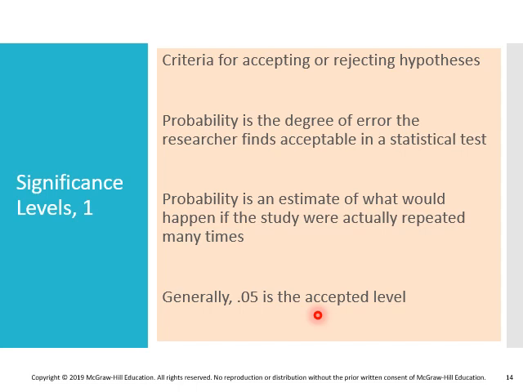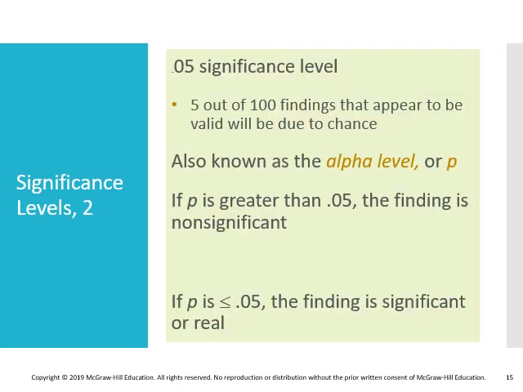So that means there is this room of error of 5 out of 100. As mentioned in the previous slide, 5 out of 100 cases that appear to be valid were actually due to chance, so pure luck. Significance level can also be called the alpha level or simply the lowercase p.